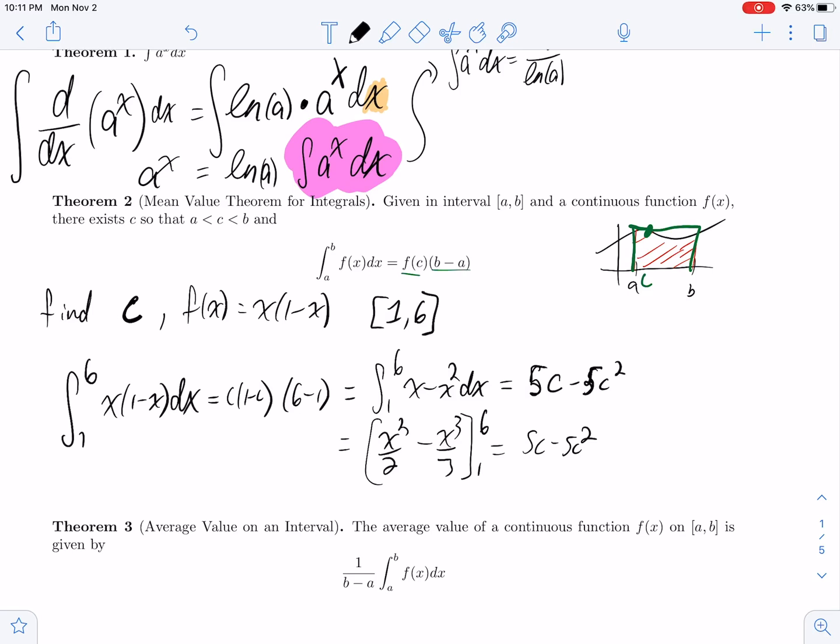So we're going to get 36 over 2 minus 6 cubed. 6 cubed is 3 times 6 is 18, 216. 216 over 3 minus 1/2 minus 1/3. Right? So I start to simplify this.